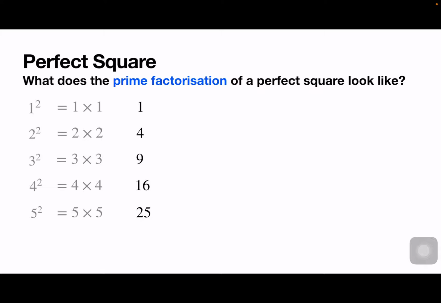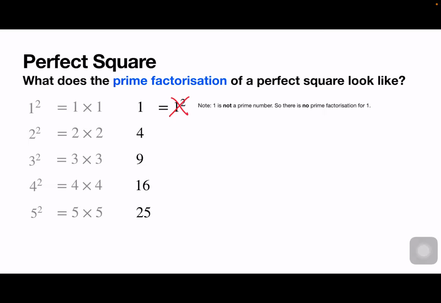Let's see whether 1 can even be expressed in that form. 1 is actually 1 square, but we all know that 1 is not a prime number. So there is no prime factorization for 1, I suppose. We don't call this prime factorization for 1, because 1 is not a prime number.